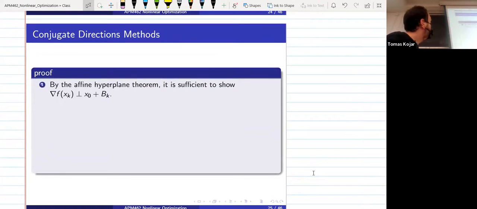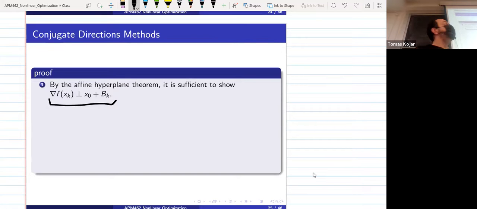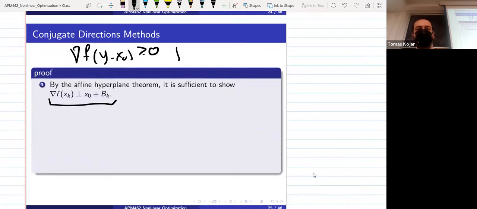All right. So from what we just talked about before, we just showed that this is true: the gradient is normal to this hyperplane. And again, the idea was you start with this condition, but then apply it for y minus x naught in a hyperplane.